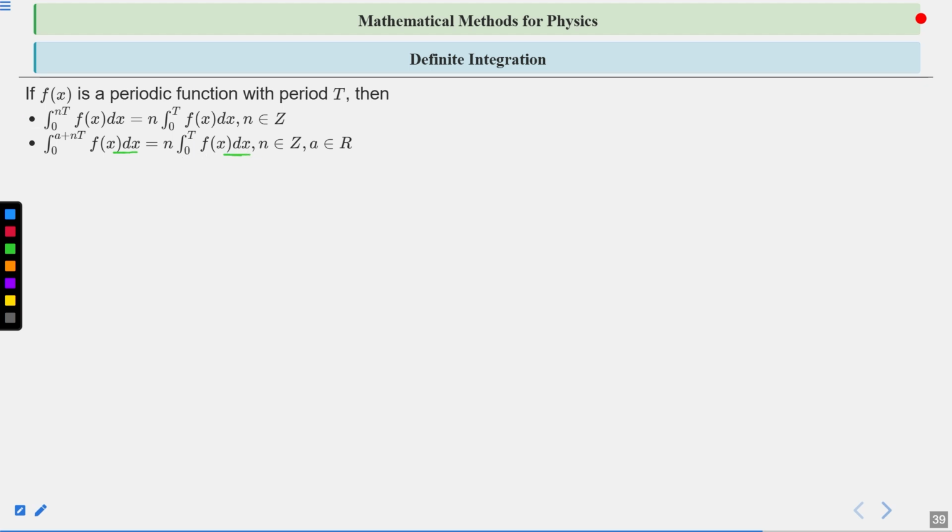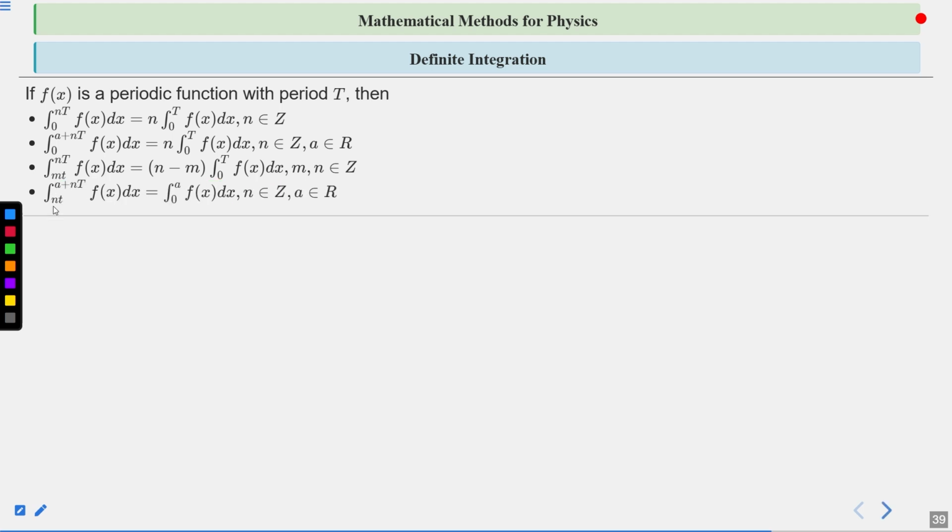So this one and this one are formulas. The integration with initial limit mT and final limit nT of f of x dx is equal to n minus m times the integration from 0 to T of f of x dx. Similarly, the integration from nT to a plus nT of f of x dx is equal to the integration from 0 to a of f of x dx.